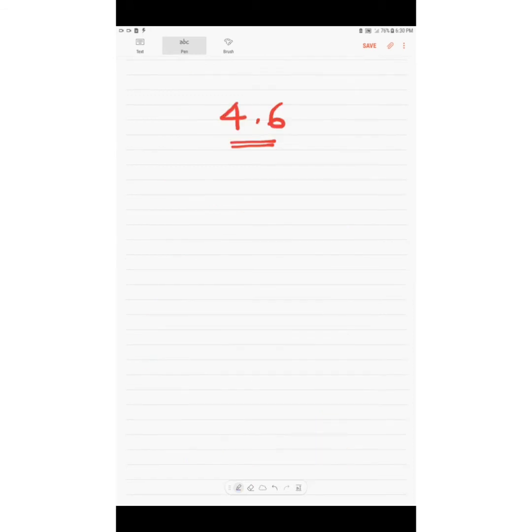Problem 4.6. The steering of a car has a radius 16 cm. Find the torque produced by a couple of 50 Newton. Given data. Underline it.